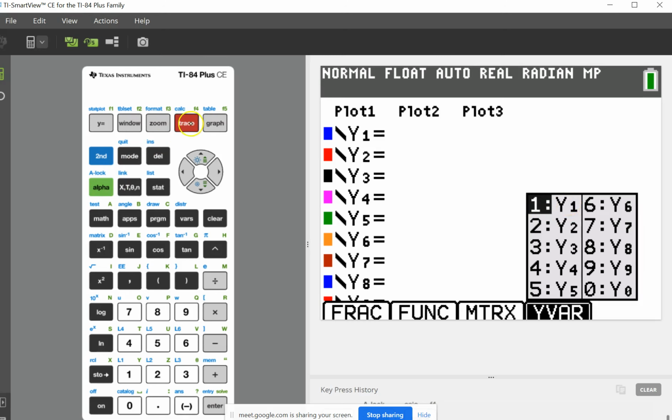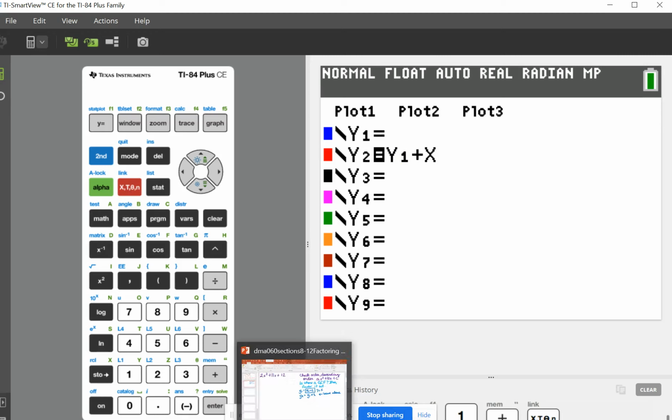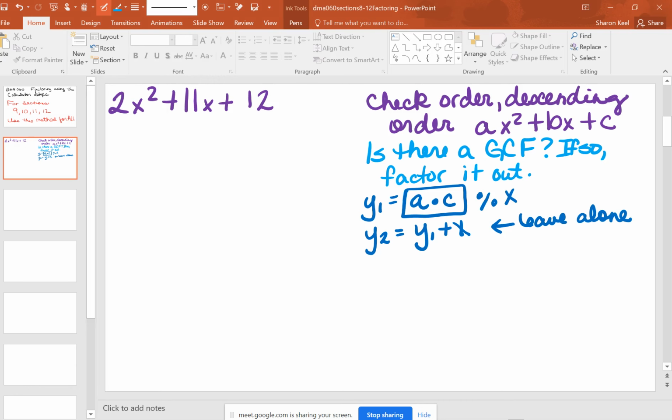So alpha trace number 1 makes the y1 appear, plus x. Okay, so that was alpha trace. Let me write that down because that's actually a shortcut. So a way to do that here is going to be alpha trace and then press 1. And then you still type plus x after it, okay?